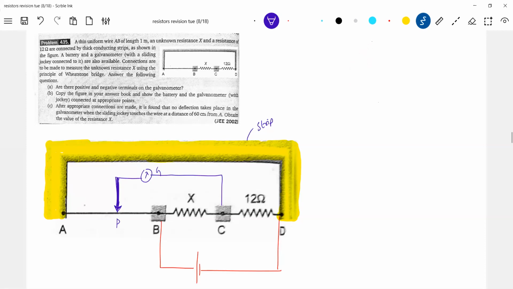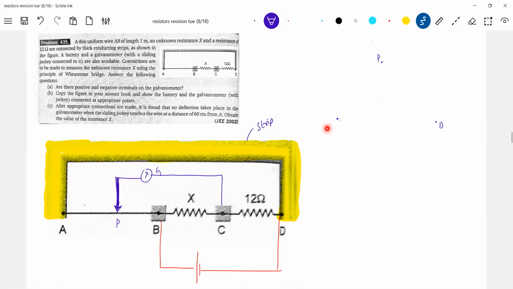We should bring the battery also, no? The battery should be between A and D. Let me do one thing. A and D. The battery should be between B and D. P, then P to A. A and D are common.